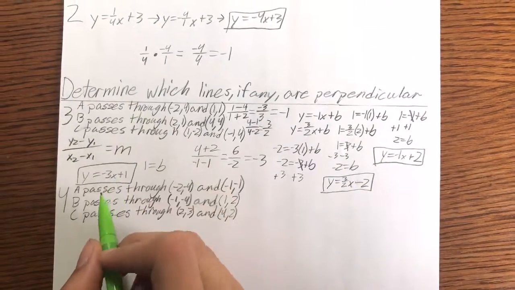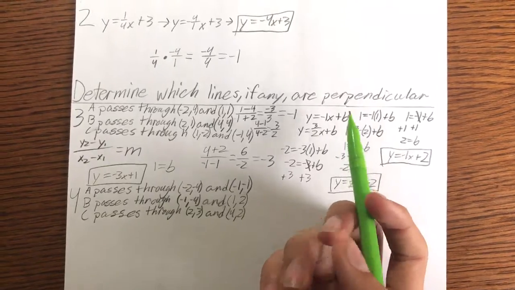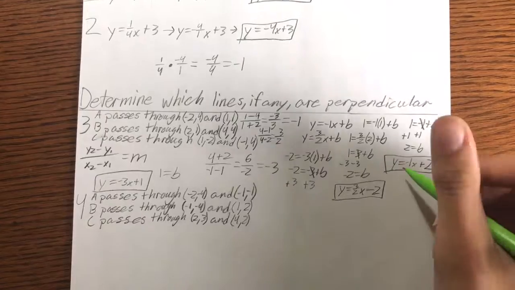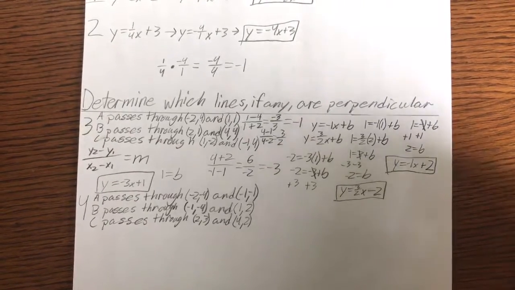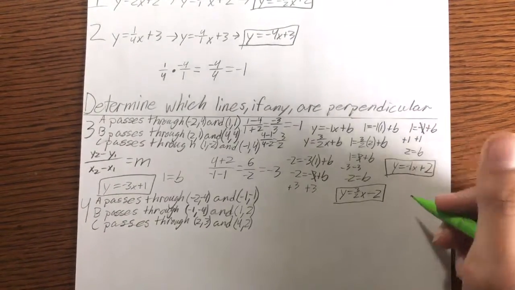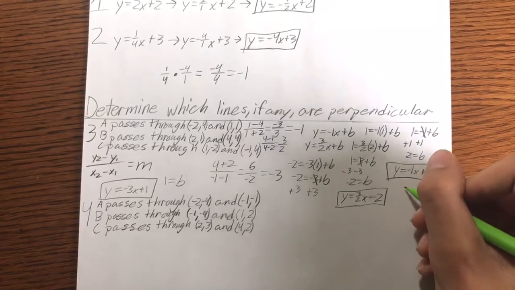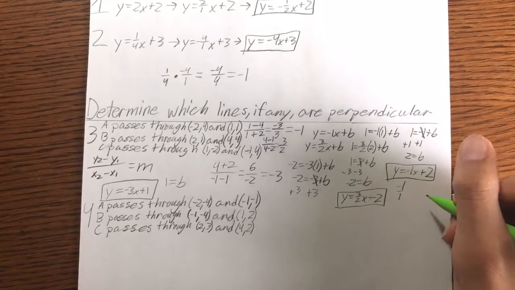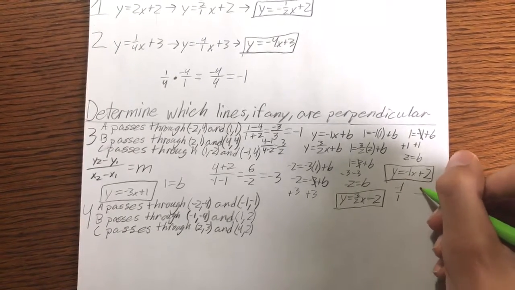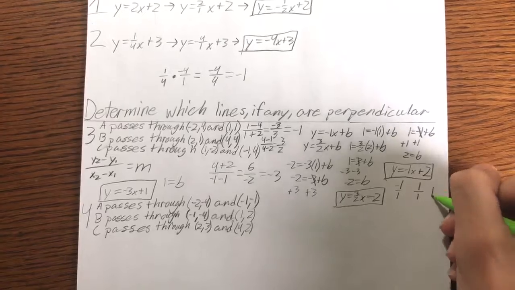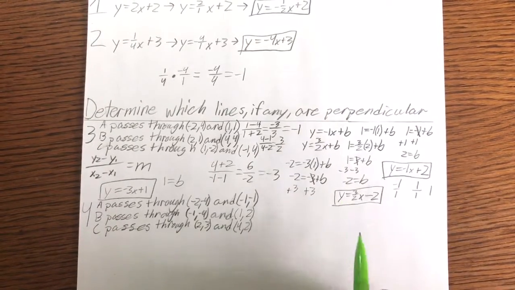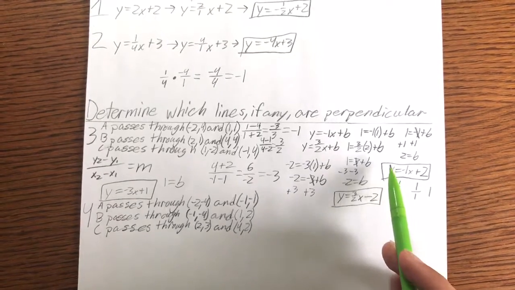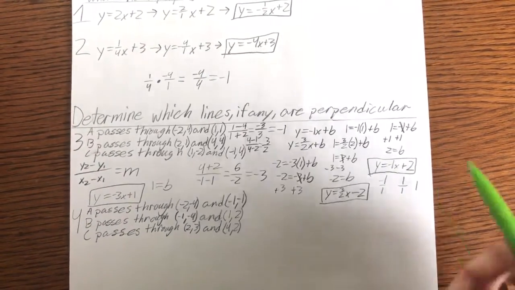So now we need to figure out if any are perpendicular. I guess we can just start with this one. The negative reciprocal would be negative 1 over 1, which would then be 1 over 1, so it'd just be 1. None of those match with 1, so none are perpendicular with that.